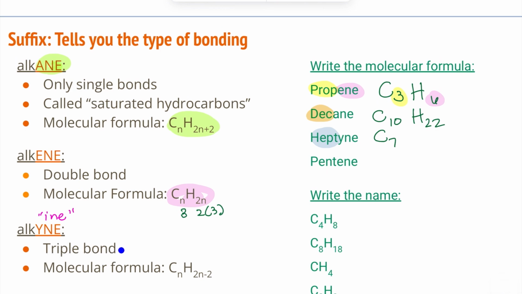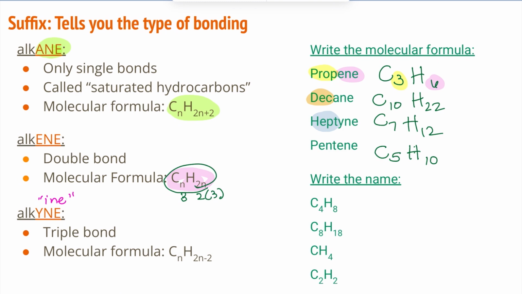Ine means there is a triple bond somewhere in that 7 carbon chain, so we're going to have 2N, so 2 times 7 is 14, minus 2, so H12. C5H10 is our next one, pent is 5, and then that ene is, again, our 2N, so H10.